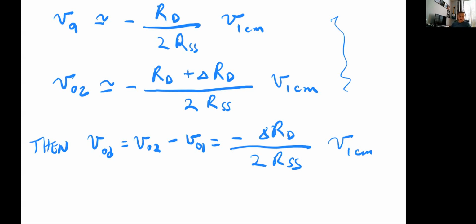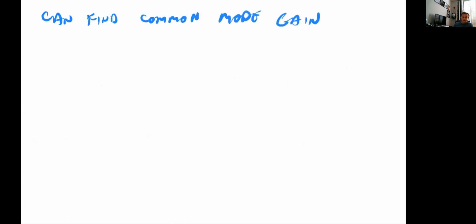And then I can find a common mode gain. And that's going to be defined, the common mode gain, as the differential output voltage over that common mode input.